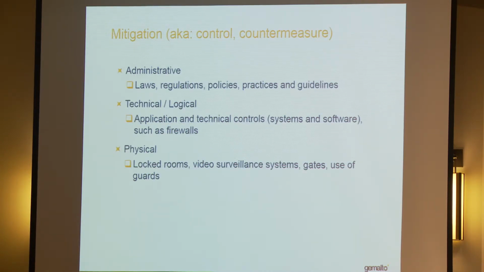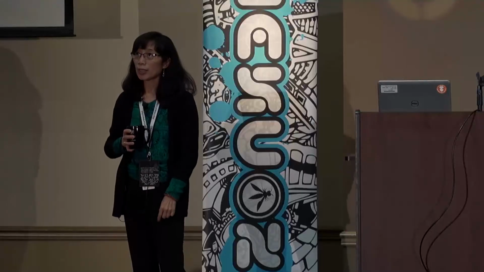Then let's talk about mitigation. There are different ways to mitigate your risks, or what we call controls, which can be administrative, based on the laws, regulations, policies, best practices and guidelines, right? That is administrative control. For example, in your deployment environment you have sensitive data to secure your software.